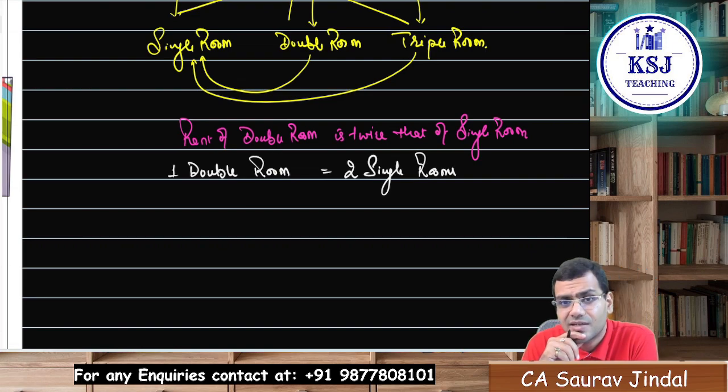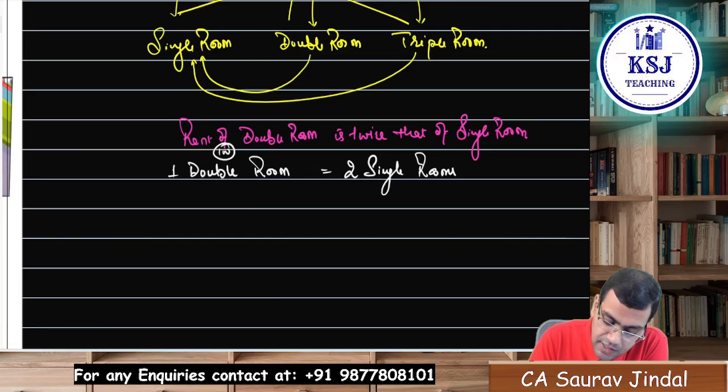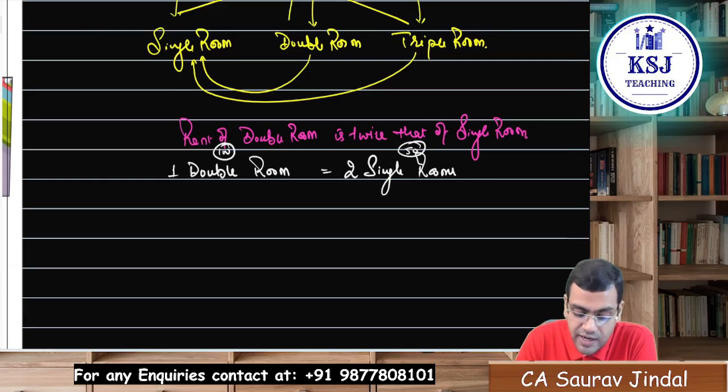I can say this, sir. Whatever rent I am charging from the double room, let's say the rent of the double room is 100 rupees, what will be the rent of the single room? 50 rupees. How many single rooms will be required for this equivalent rent? Two single rooms, right?